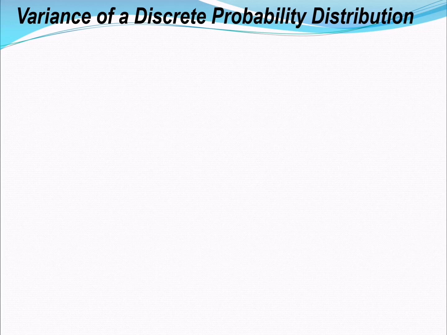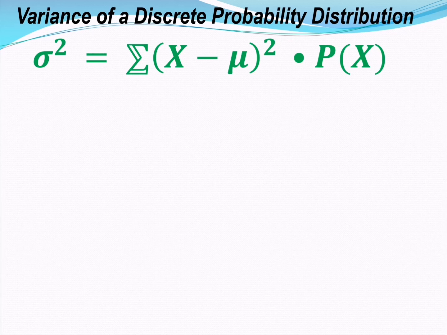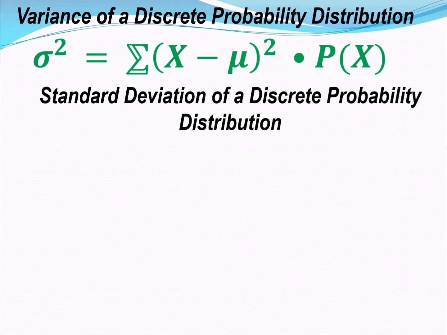Variance of a discrete probability distribution. We're going to apply it naman in discrete probability distribution. Ito na yung gagawin natin. So, the formula is variance is equal to the summation of x minus the population mean quantity squared multiplied by the probability of x.